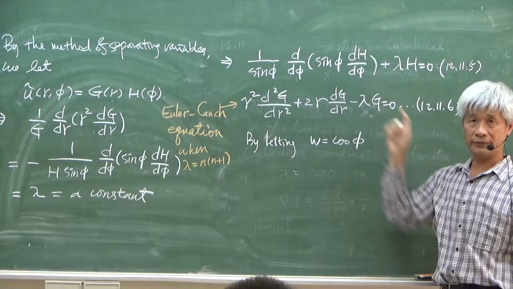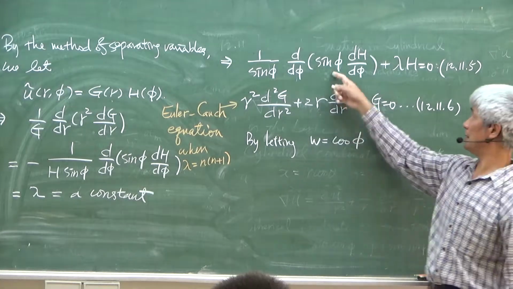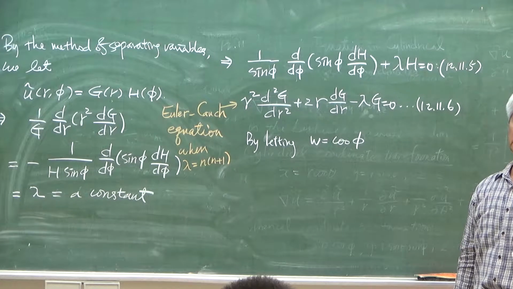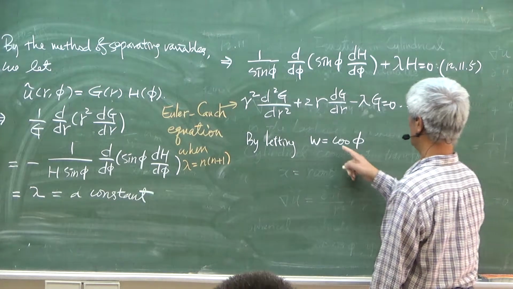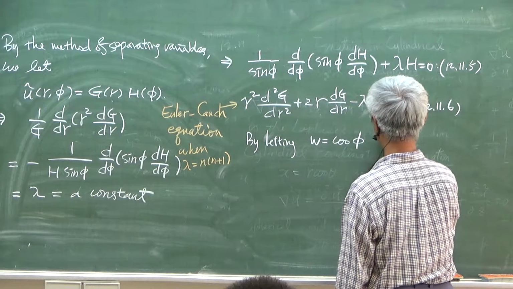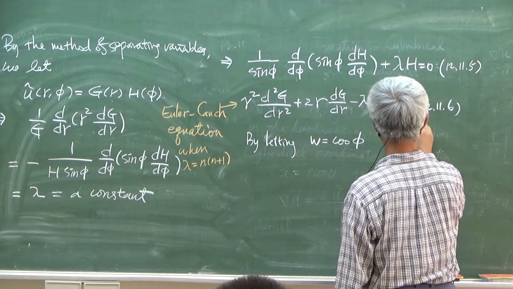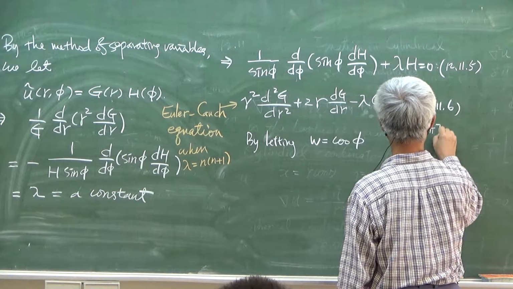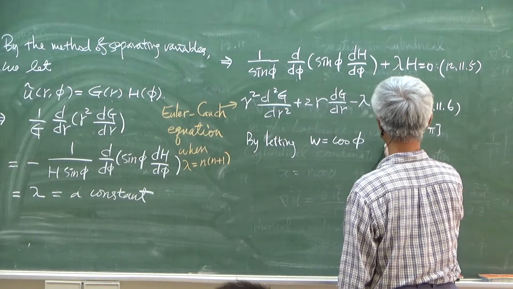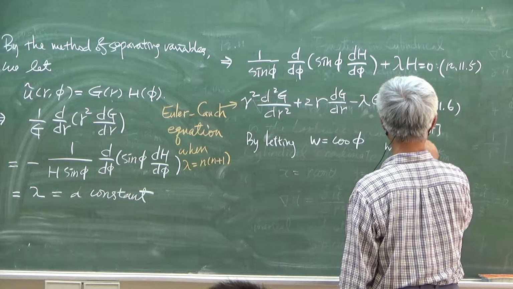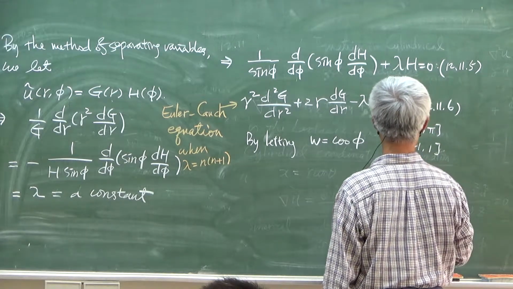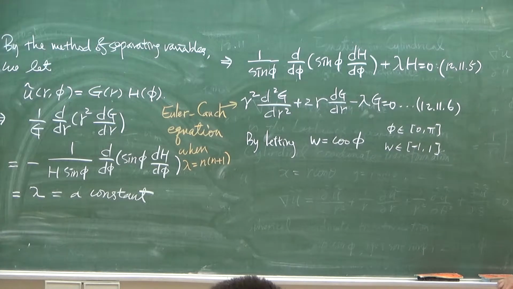This is not so familiar, so we make some transformation. So phi is in 0 to pi, so it implies that w will be in minus 1 to 1. So in this range.